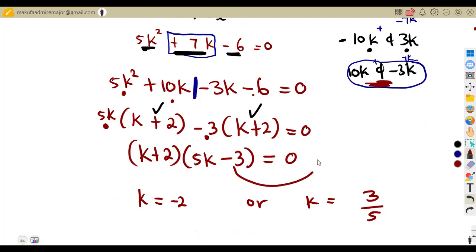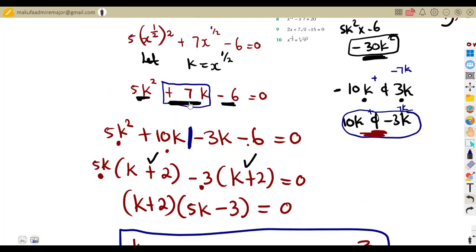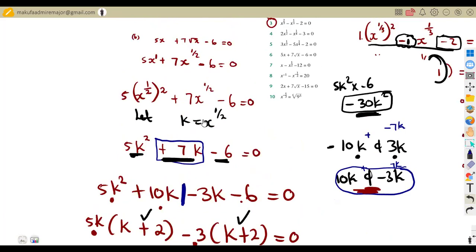So first you transpose this, then you divide by 5. Remember the procedures, guys. But these are not our solutions. They are going to help us find the exact solution. What is the exact solution now? We go back to the introduction where we introduced our k. We said let k be equal to x to the exponent of a half.